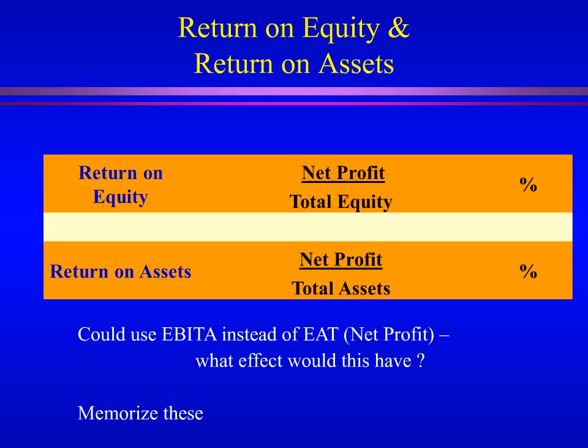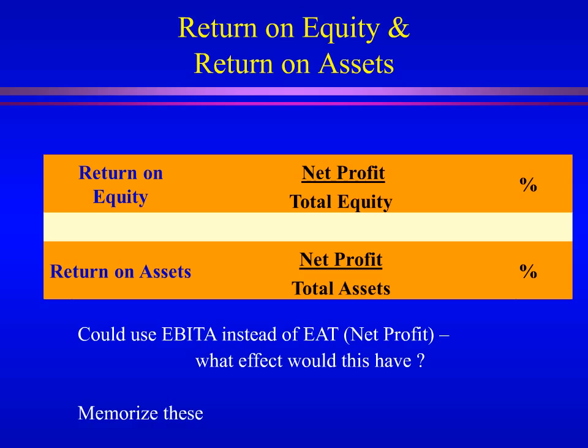Okay, a bigger number. Now, some analysts do this because they say, well, interest is a financing decision, taxes are the government, so that's not really anything we have control of, and amortization isn't a cash number. So they use EBITDA because they think it gives a truer picture of the return on the assets or on the equity.